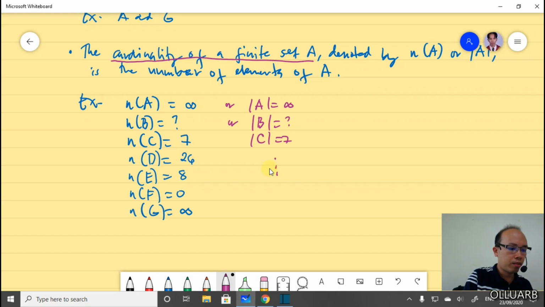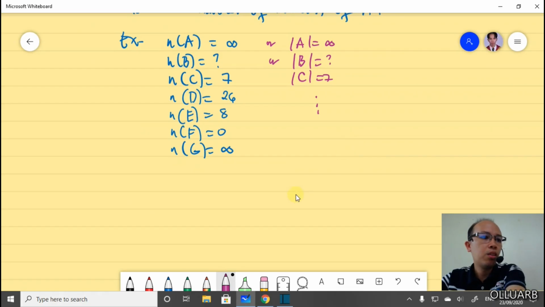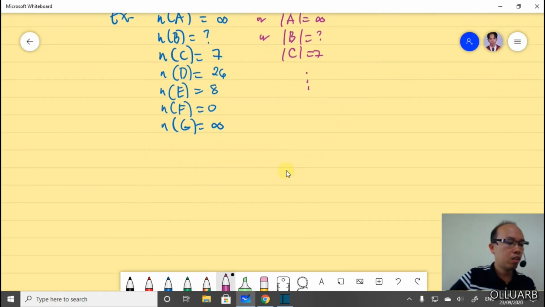Okay, that's what we call, I guess, the fifth or the sixth definition. For the next one, we have another definition here, the definition of the Venn diagram. Venn diagram.